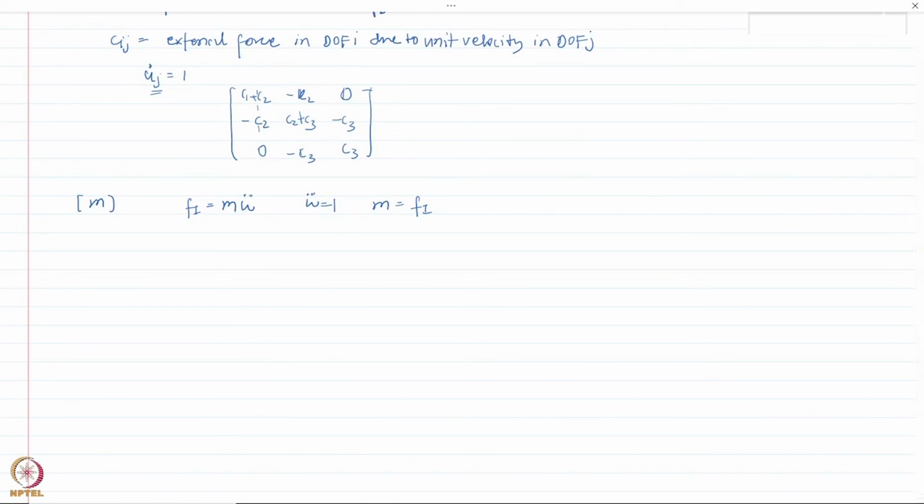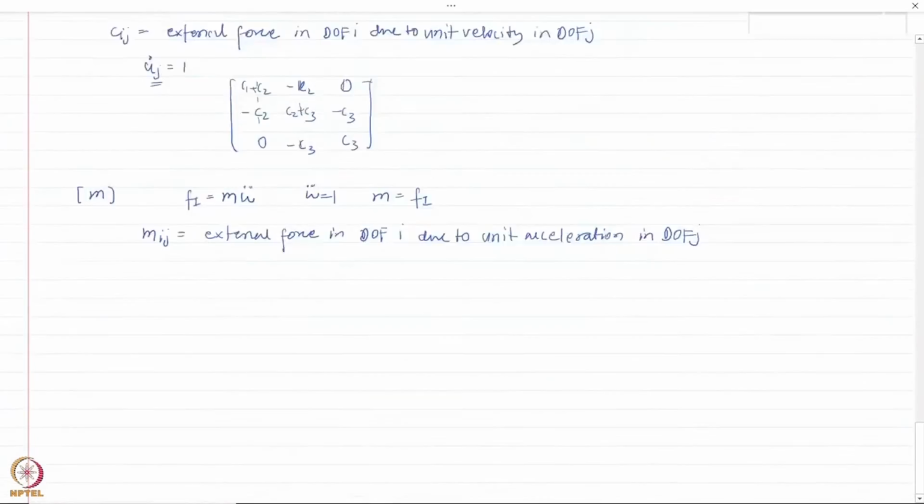In this case, Mij, the element at the ith row and the jth column in the mass matrix, is nothing but the external force in DOF i due to unit acceleration in DOF j.